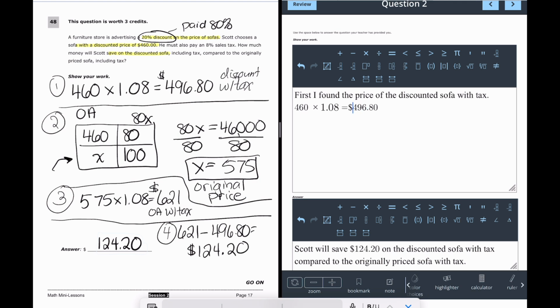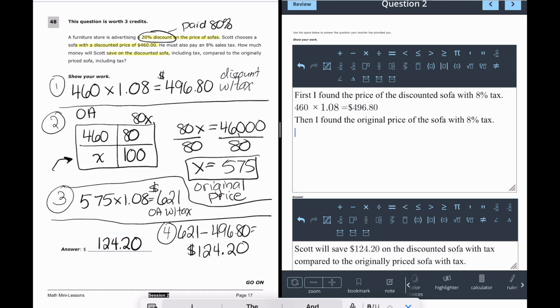With 8% tax. All right, so that's the first thing we did. Then, I found the original price of the sofa with 8% tax. Okay, so I have to show that part in here.